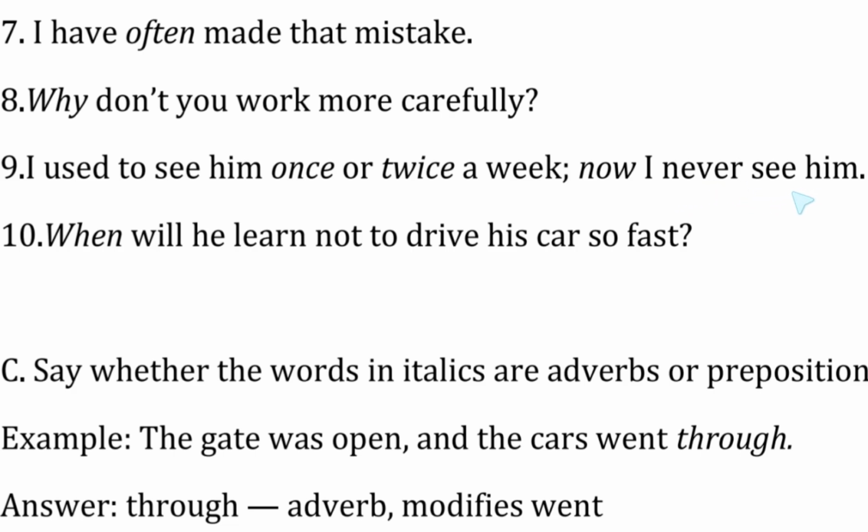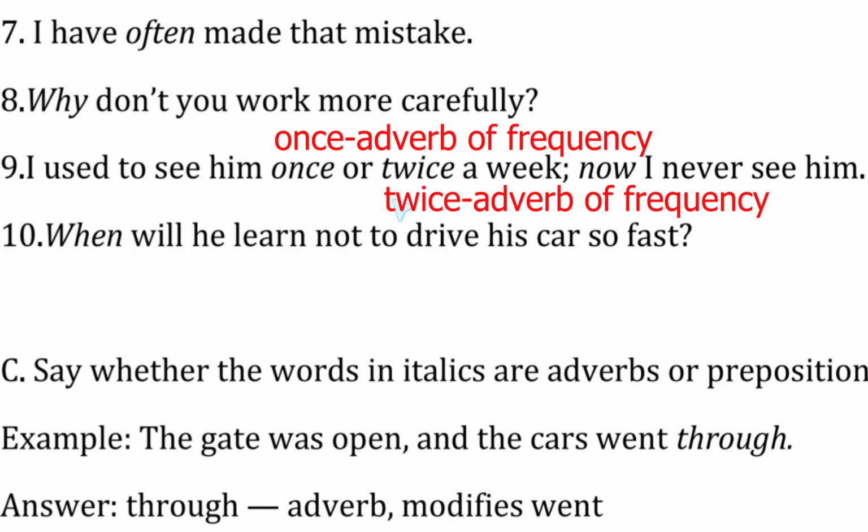In this place, once is an adverb of frequency because it specifies how often the action of seeing him occurred in the past. Twice is the same thing, an adverb of frequency, indicating another frequency of the same action.